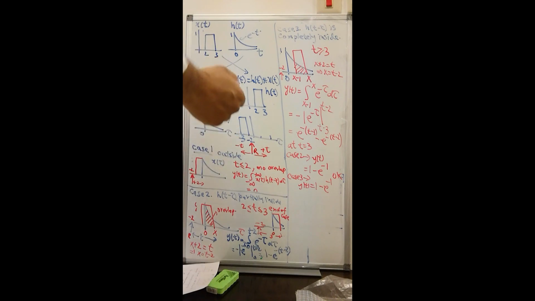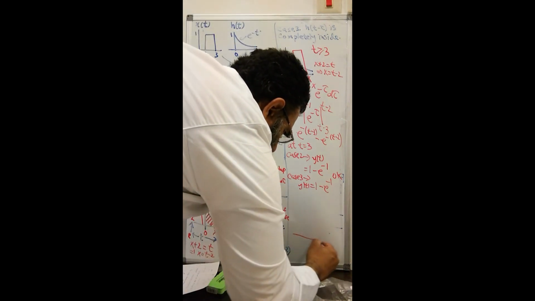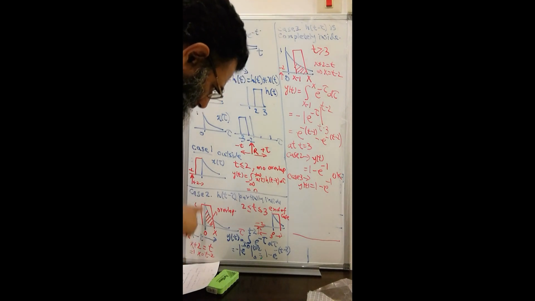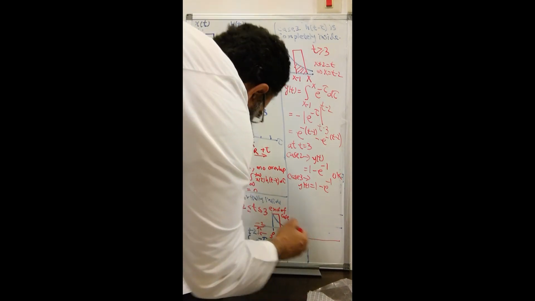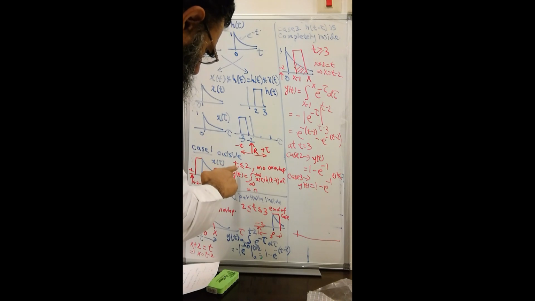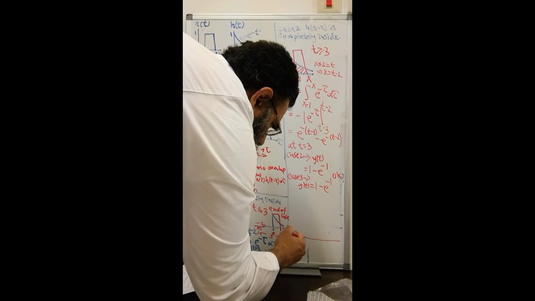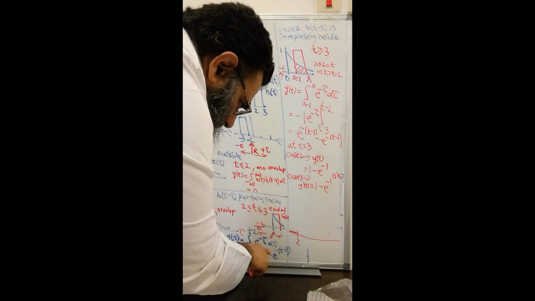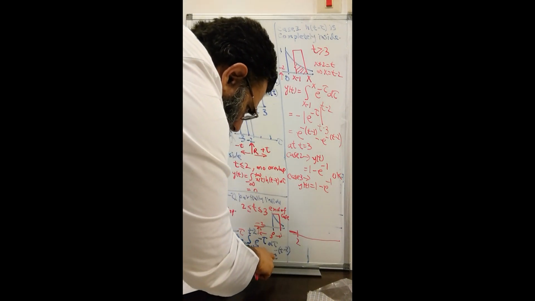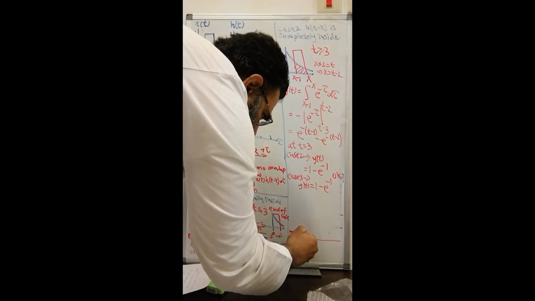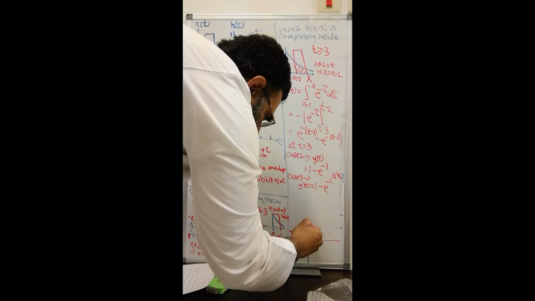Now I can draw my y of t. y of t is 0 until 2, and between 2 and 3 it is 1 minus e raised to the power minus (t minus 2). So it goes up until 3.